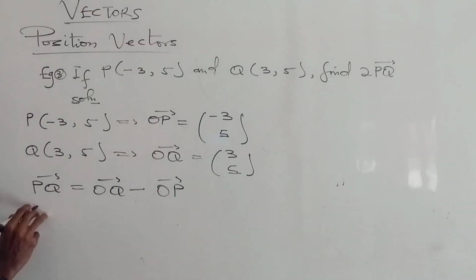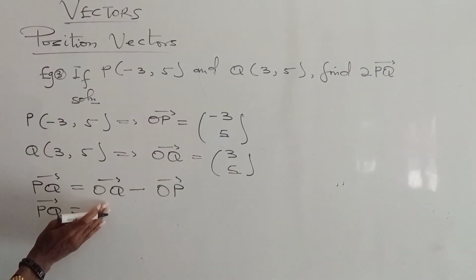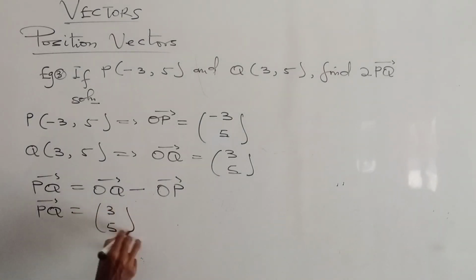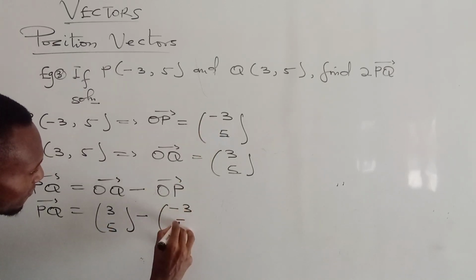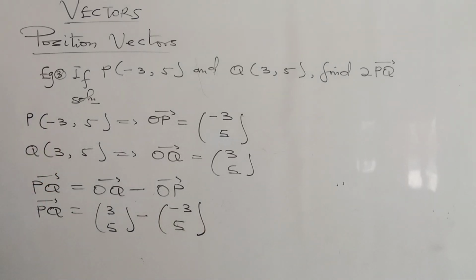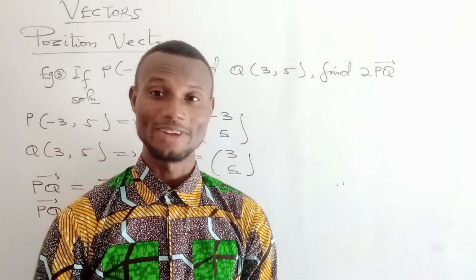Then from here, I just need to input my values to get my vector PQ. I have OQ. OQ is (3, 5), so I put it there, (3, 5) minus OP. OP is (-3, 5). Then we go ahead and simplify further. My vector PQ will be equal to, now we are just going to apply the subtraction and addition of vectors that we learned.